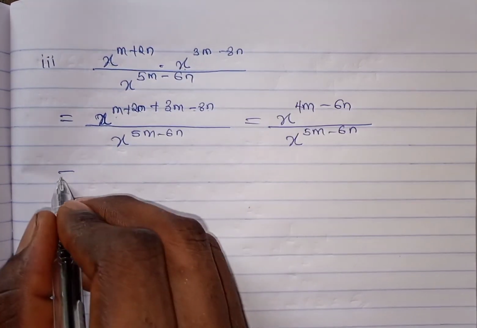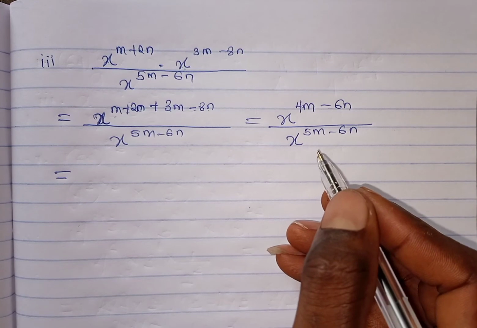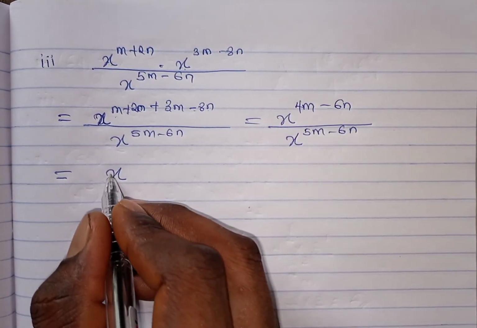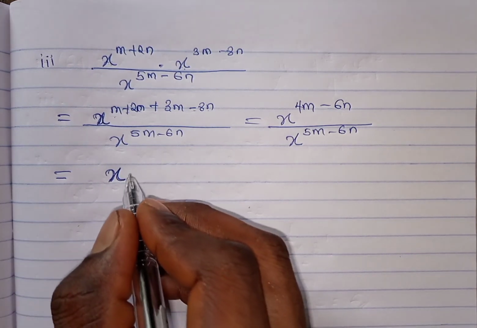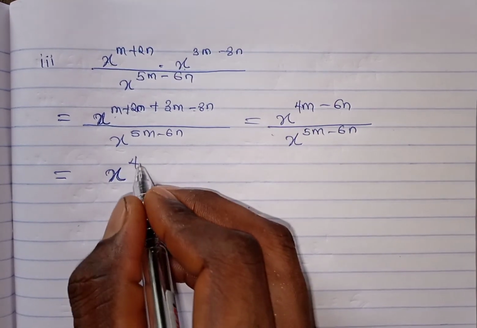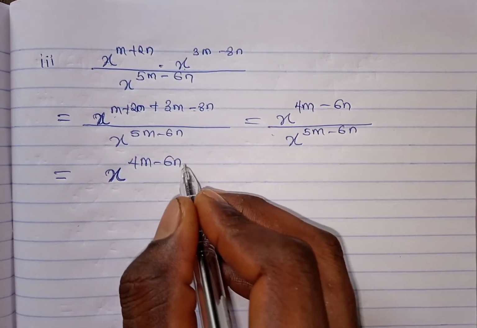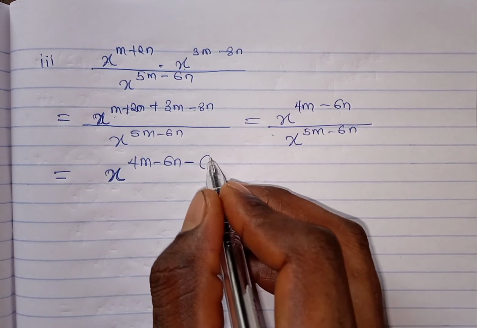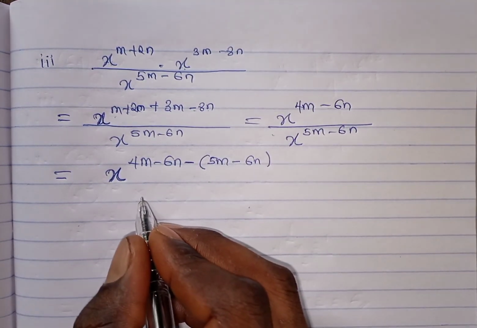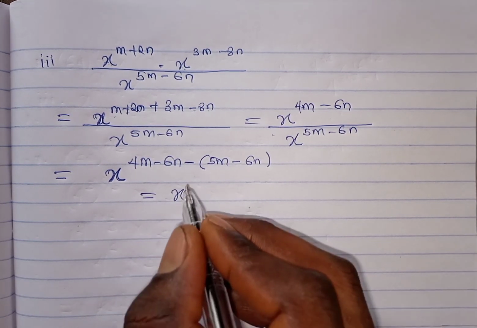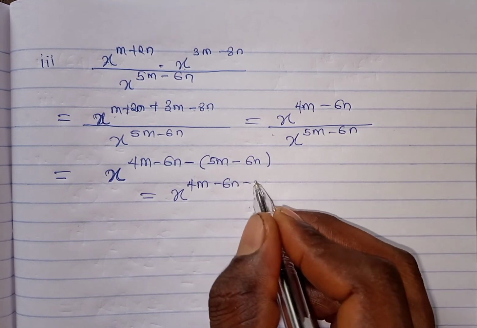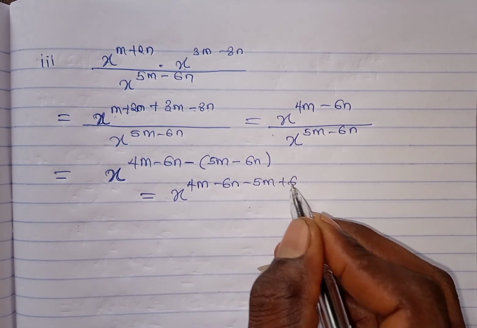Now don't forget the second rule, that's the division. Since they have the same base, you pick one x, then you subtract the powers, because it's division. It's going to be 4m minus 6n, minus, open the bracket, 5m minus 6n, and close the bracket. Then you have x raised to the power of 4m minus 6n minus 5m plus 6n.